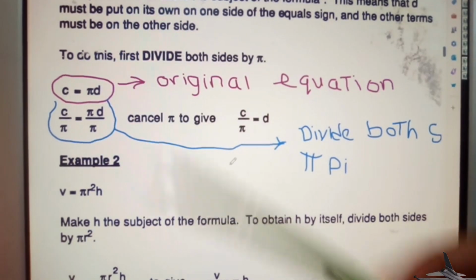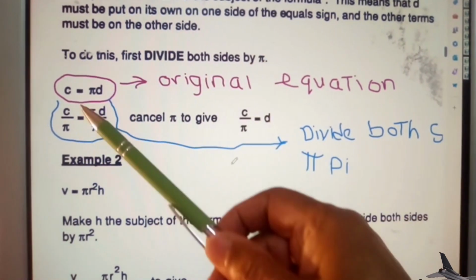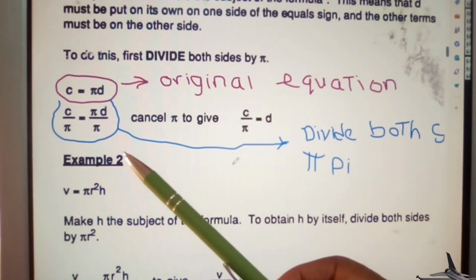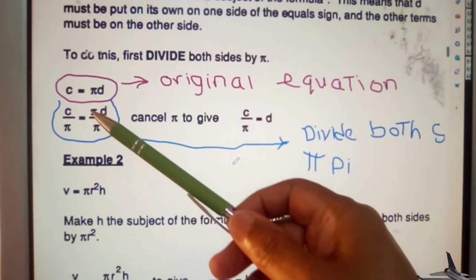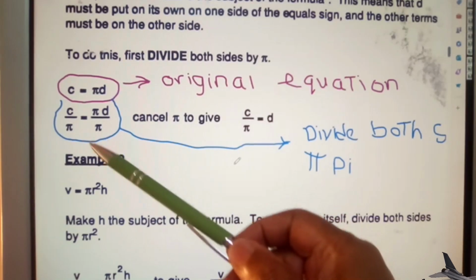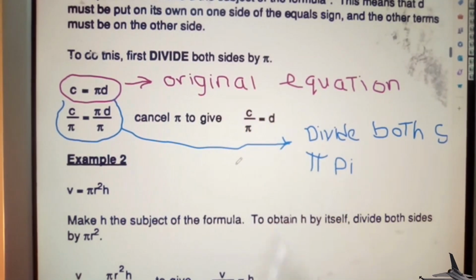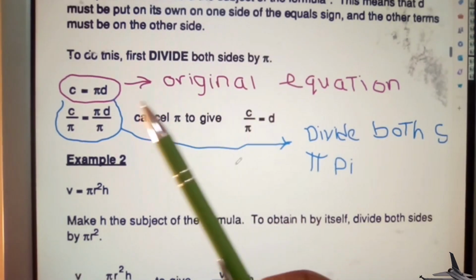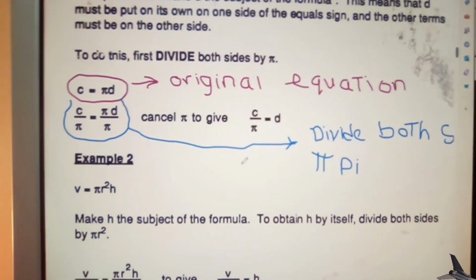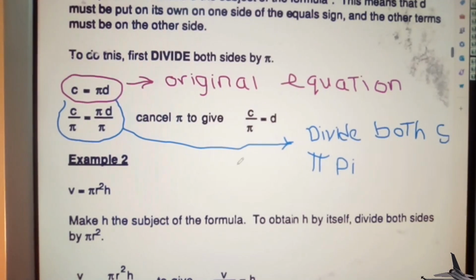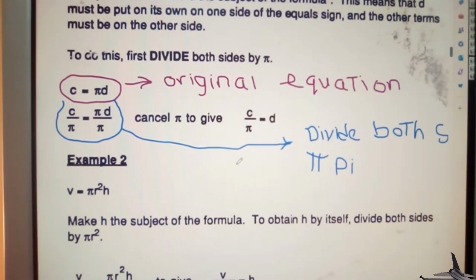To do this, we first divide both sides by pi. Pi will cancel on this side here, leaving you C over pi equals d. Now I normally flip this over, so d equals C over pi. It's just the way I tend to work, but you work it as you see appropriate.